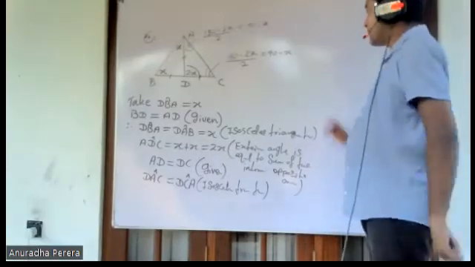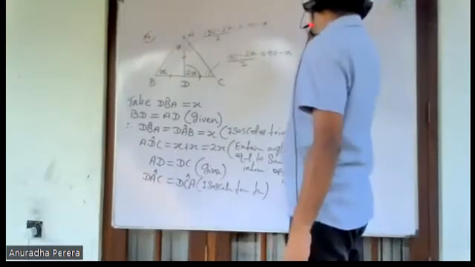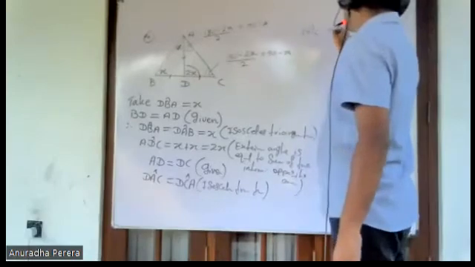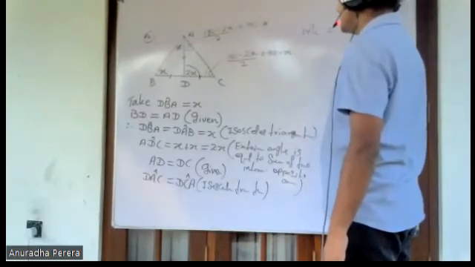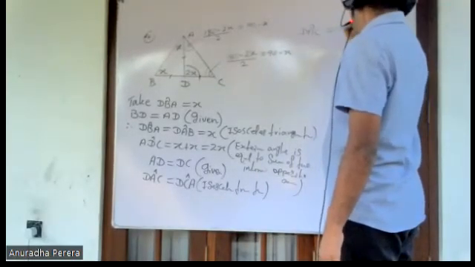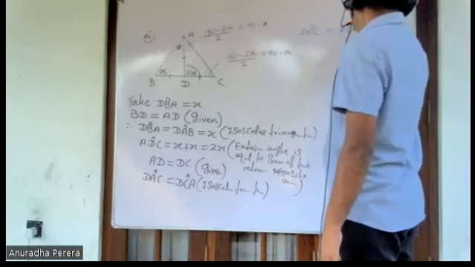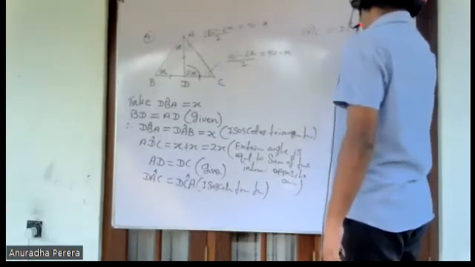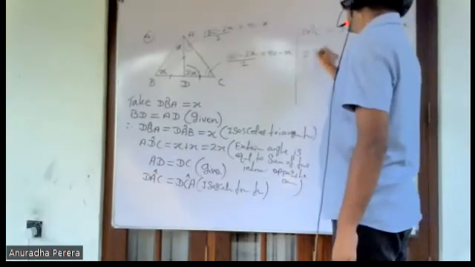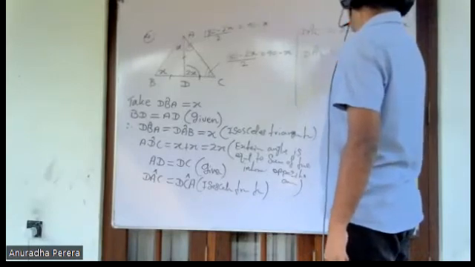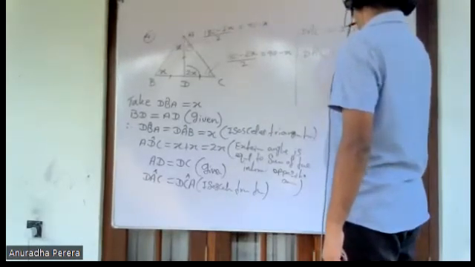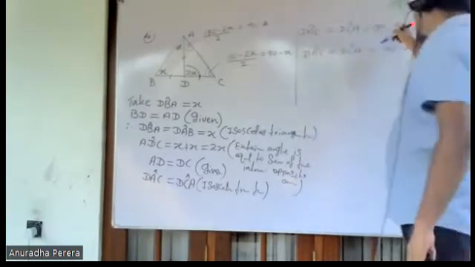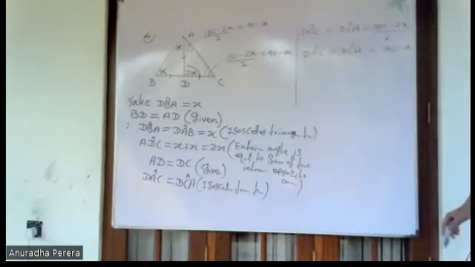Right? Then we can represent DAC equals DCA equals 180 minus 2x over 2. DAC, DCA, 90 minus x.